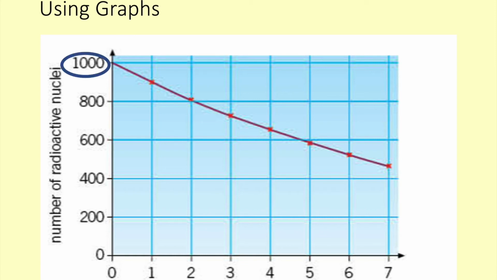So we can pick a point, so 1,000 nuclei, which there are at 0 hours, and then where 500 nuclei would be, as that's half of our initial amount, and then look at the time it takes to go from 1,000 to 500. And here it's nice and straightforward, 7 hours would be our half-life.